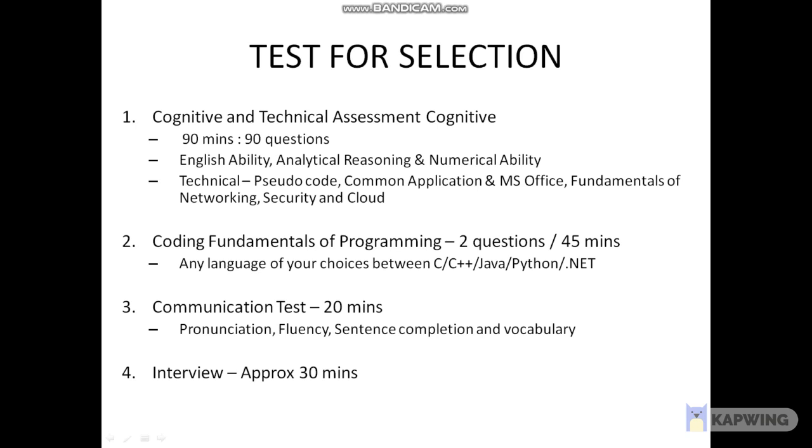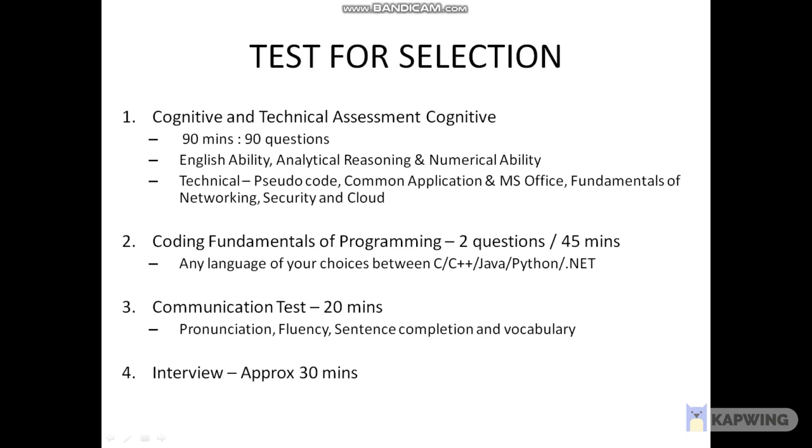All these are the topics they are going to ask in the first 90 minutes. Once you are selected from the first round, the next round is coding and fundamentals of programming, with two questions in 45 minutes. This is a mandatory round.